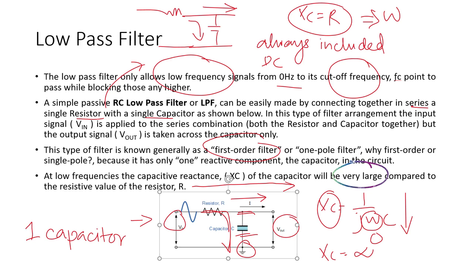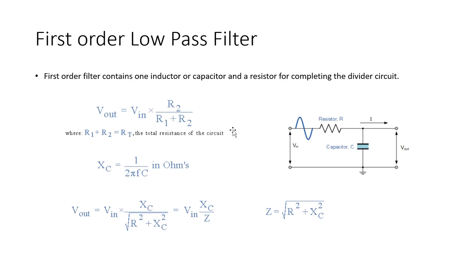Now digging in more into this first order low pass filter, as we know that this is a series circuit. In a series circuit we use the divider rule for voltage signal. We discussed yesterday that most of the signals are voltage signals, because a lower voltage can easily be amplified by some other circuitry.